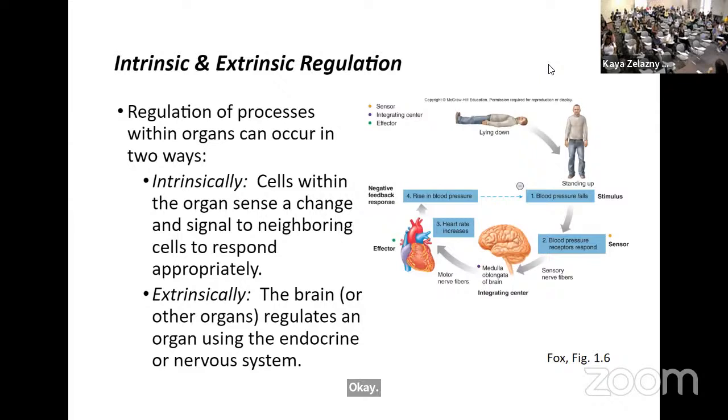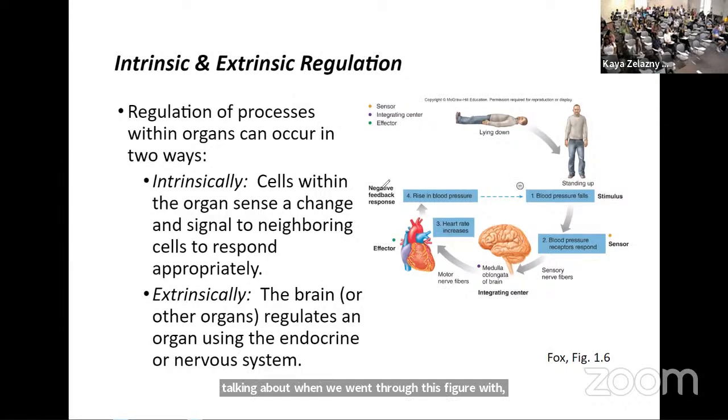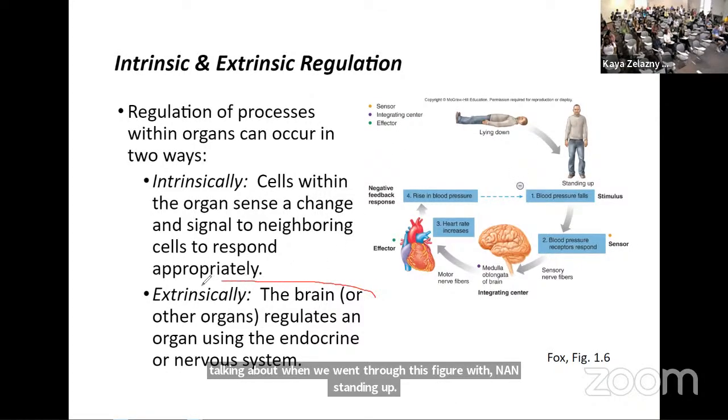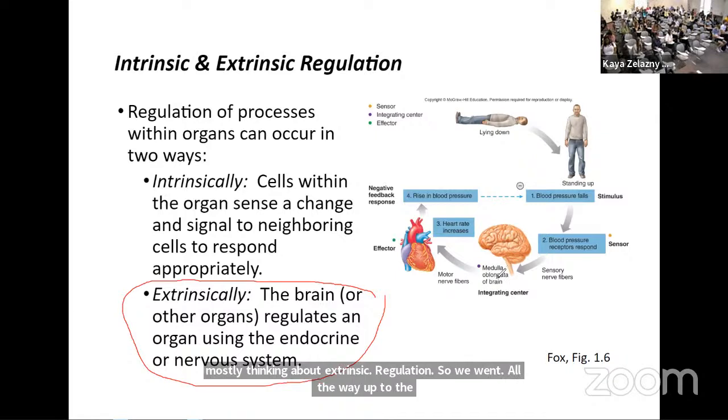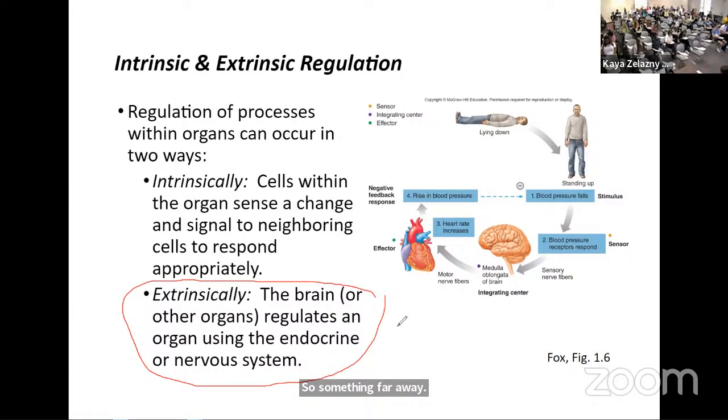Next thing we're going to think about as we think about regulation is basically like the level at which we're regulating something. So what we were talking about when we went through this figure with the man standing up is mostly thinking about extrinsic regulation. Okay, so we went all the way up to the medulla oblongata in the brain for our regulation. Okay. So if something far away regulates or is involved in that regulatory process, we think about it as extrinsic. Okay.